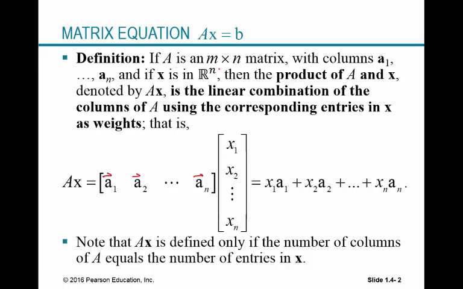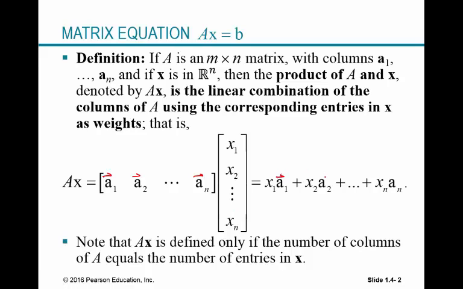So if A is an m by n matrix with columns a1 through an, n is the number of columns, and vector x is in Rn, then the product of A times x, denoted by Ax, is a linear combination of the columns of A using the corresponding entries in x as weights.